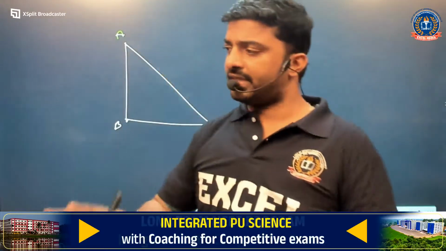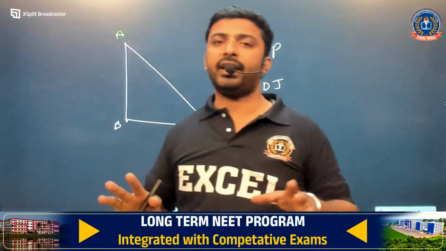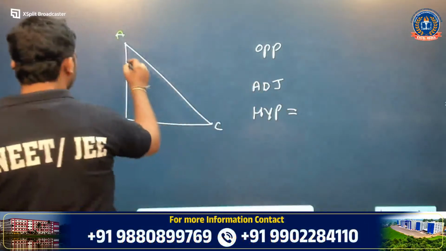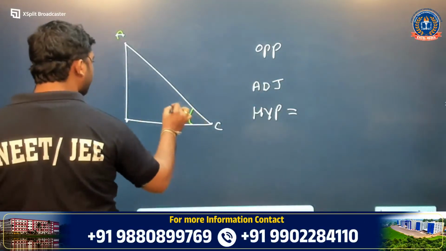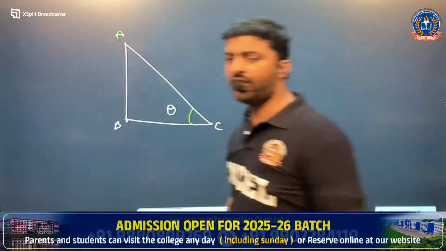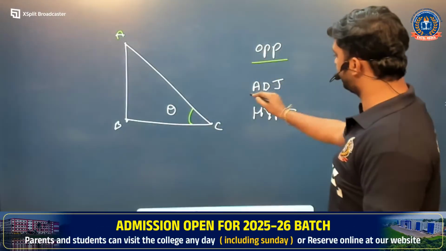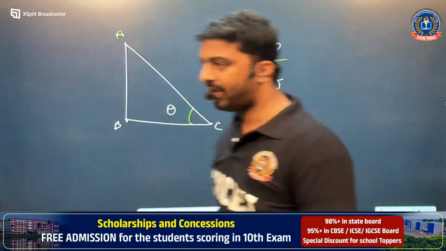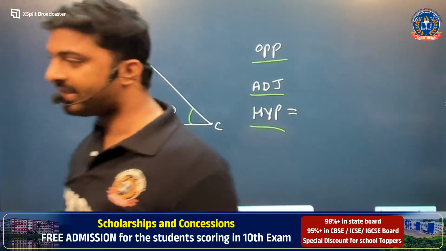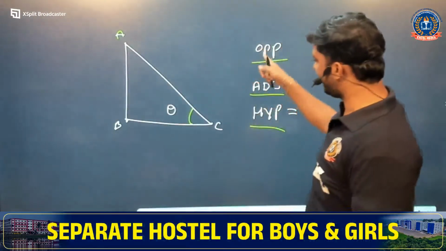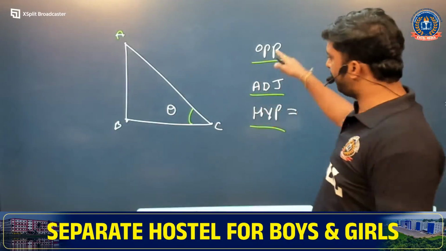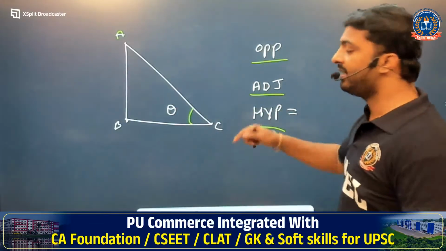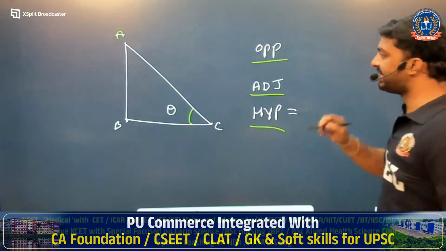First thing, when you are defining any trigonometric function, first you have to mention the angle. Before assigning the sides, we have to mention the angle first, theta, right? Now we can define which is the hypotenuse.